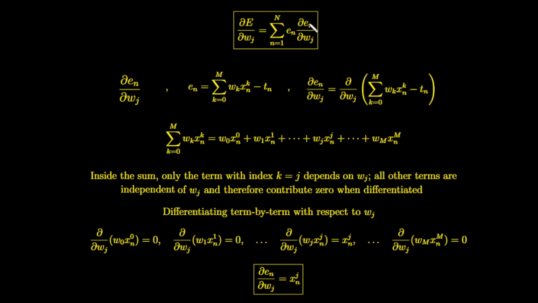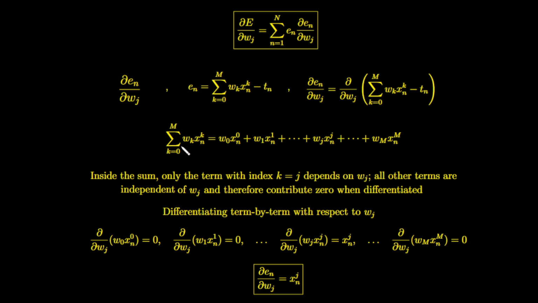We want to now differentiate this here, partial en by partial wj. Now we know the value for our en is given by this here. We defined it earlier. So we're wanting to then differentiate this here. So all we've done is we've dropped this here into the equation above for en.